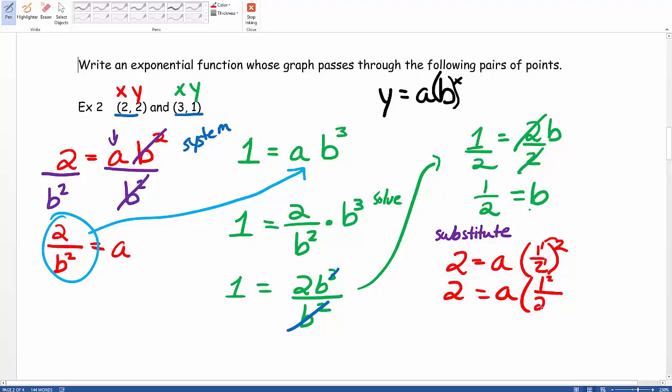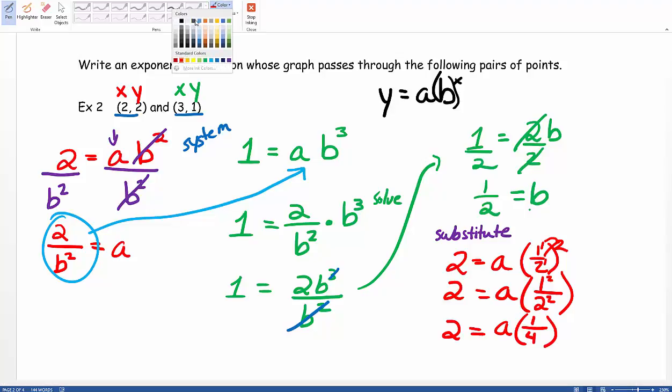Whereas at the bottom we have that base 2. Again, power to a power, we're multiplying those exponents, so we end up with 1 times 2 on the bottom is 2. So we still have 2 over on the left side is equal to a times 1 now being squared gives us 1. On the bottom, 2 squared gives us 4.